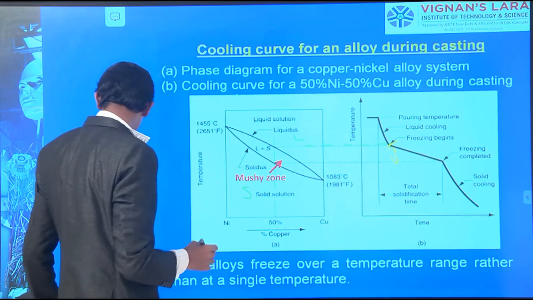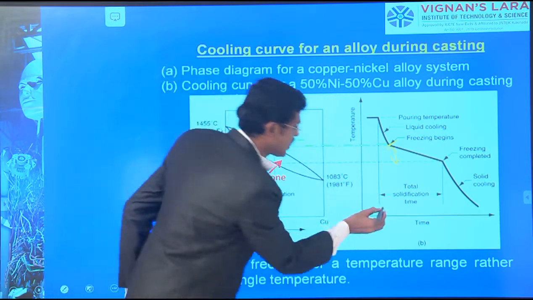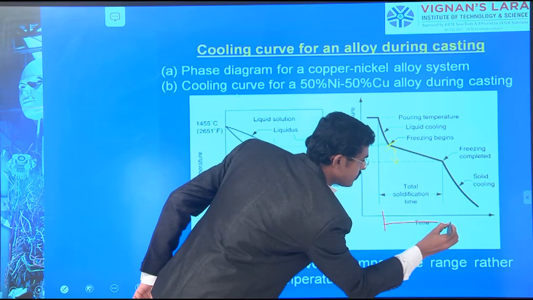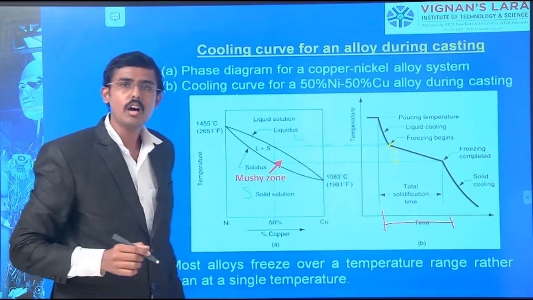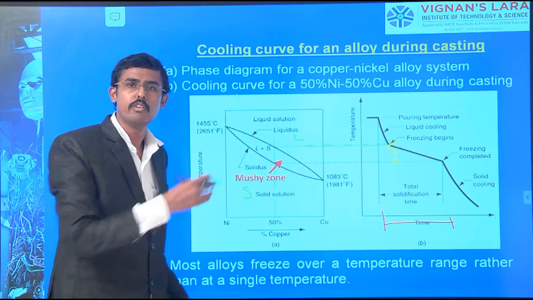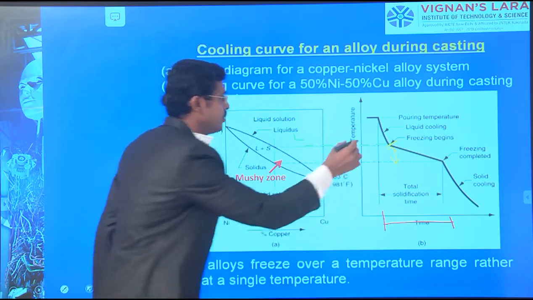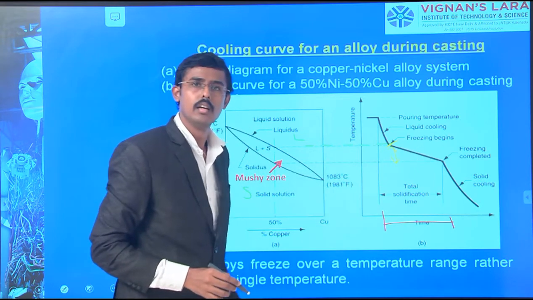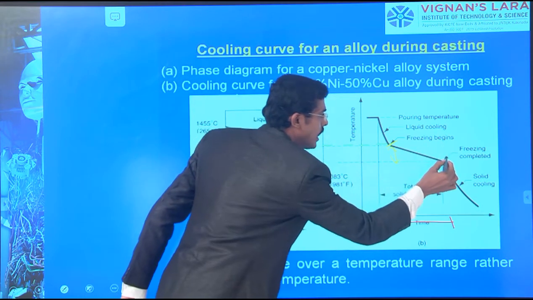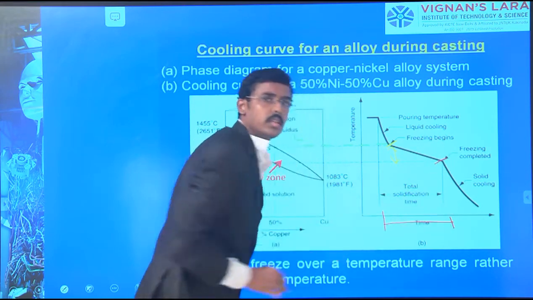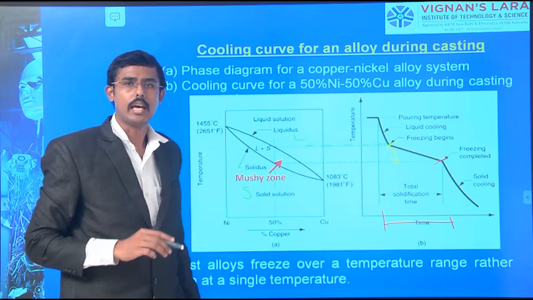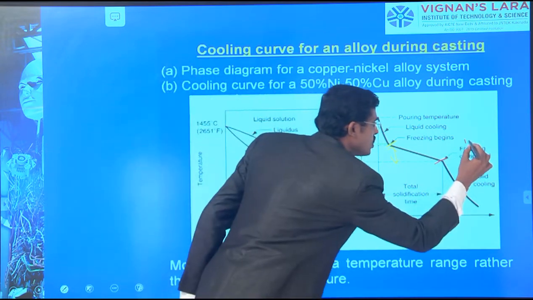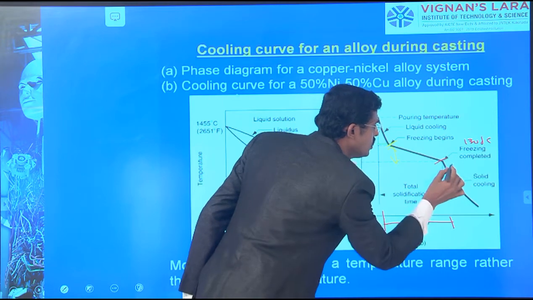Where is the time taken? The time is taken from here to here. But it does not mean it has completely transferred from liquid to solid from this region to this region. The starting point begins here and it ends at the last point. It does not mean it has reached the ambient temperature. The temperature has to go from 1300 to room temperature here.